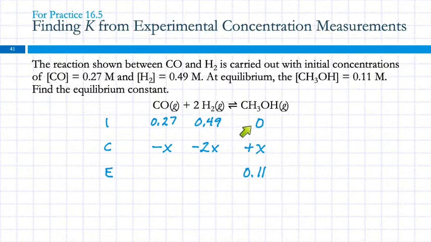So over here I have 0 plus X is 0.11. Well, that pretty much tells me what X is, right? X is 0.11. So here, 0.27 minus X, that's 0.27 minus 0.11. That's going to be 0.16, right?